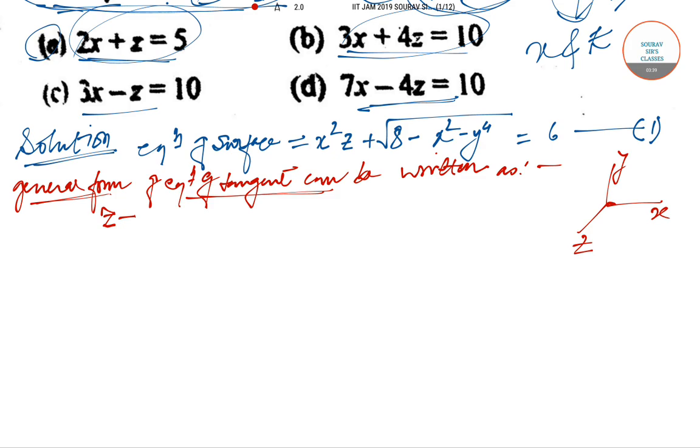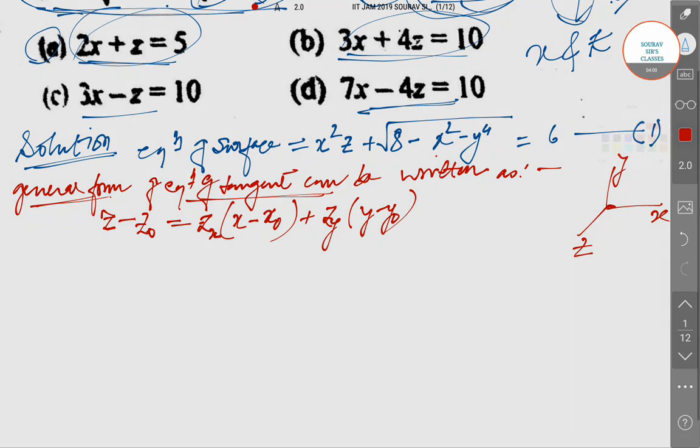The equation goes like this: z minus z naught equal to z of x multiplied by x minus x naught plus z of y multiplied by y minus y naught. This is the general form of the equation of a tangent.